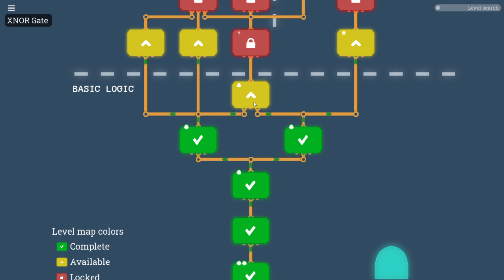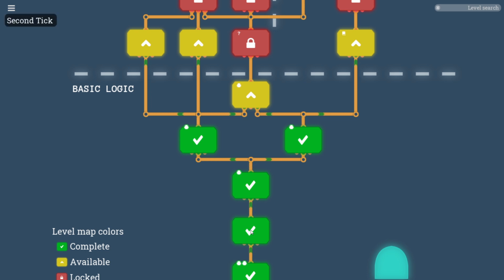An XNOR checks if the inputs are the same, and if so, outputs a 1. It's actually exactly the opposite of what an XOR does.